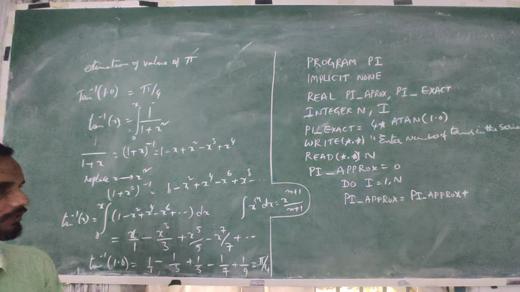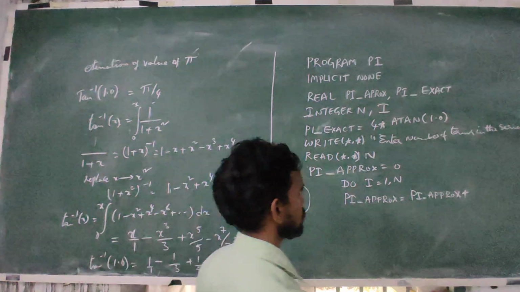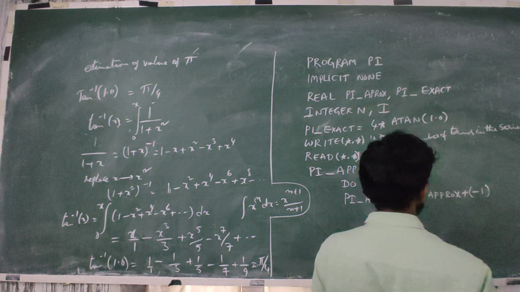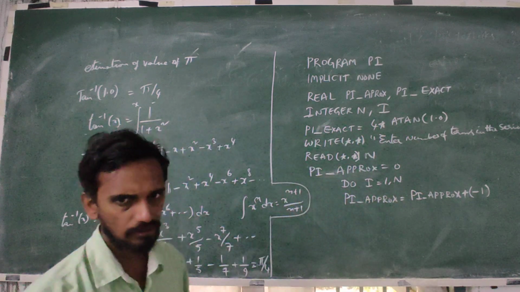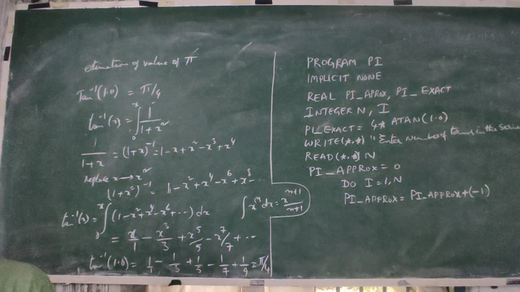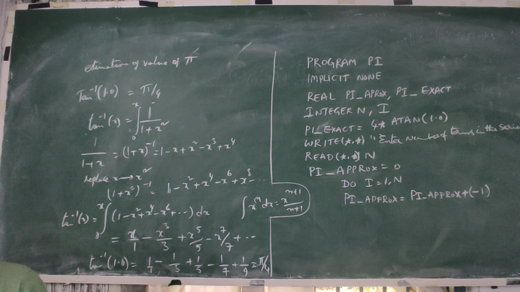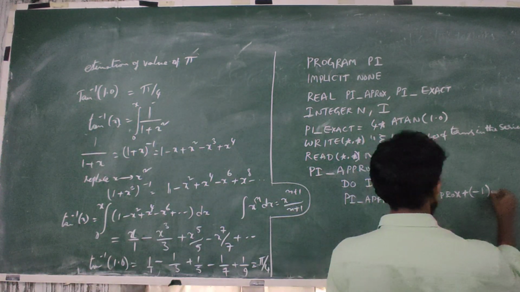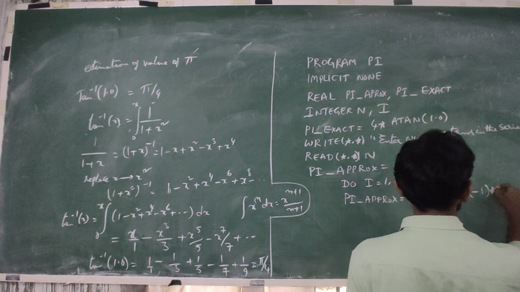So how to get that? Minus 1 power I plus 1. Double star stands for power.